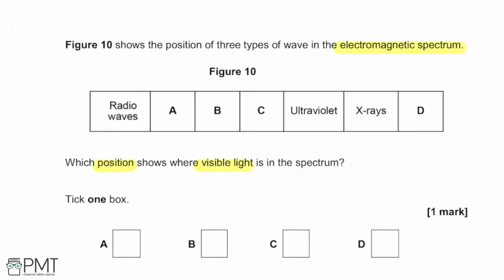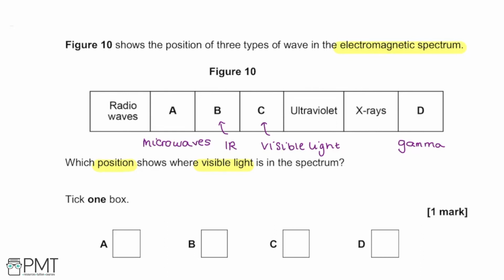So it goes from radio waves to microwaves. So microwaves is going to be A. And then for B, we go infrared radiation. C, we have as visible light. Ultraviolet, X-rays, and then the final one is going to be gamma rays.